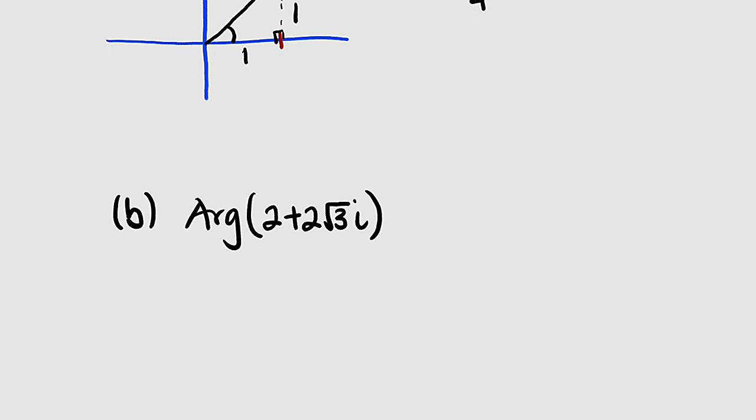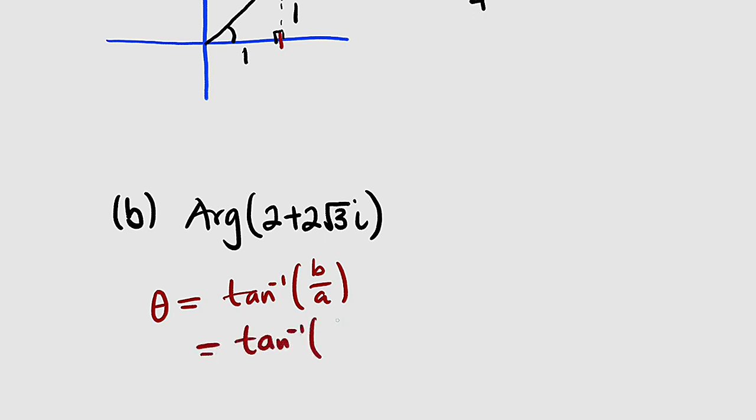All right, we have another problem here where we are looking for the argument of this complex number, 2 plus 2 root 3 i. We don't have to use any reference angle because this is in the first quadrant. Both real and imaginary parts are positive. So we can apply our formula directly. We have our angle equal to tan inverse of b divided by a. What is b?